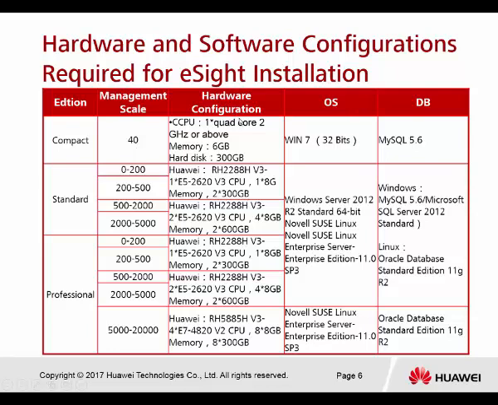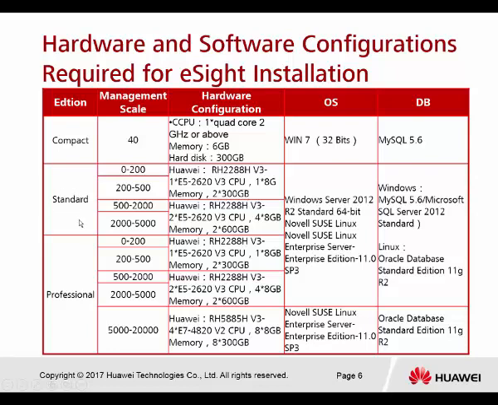So the hardware configuration required is one quad-core 2 GHz or above CPU, minimum memory of 6 GB, and hard disk of 300 GB. You can install it on the OS Windows 7, and the database uses MySQL 5.6.